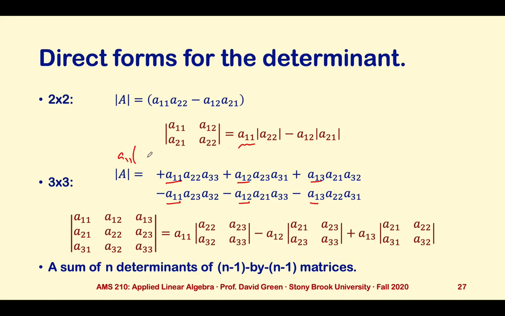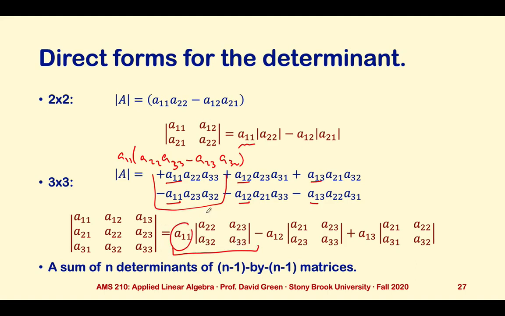And if we did that, we would be left with A22 times A33 minus A23 times A32. That's just taking these two terms and factoring out the A11. Well, this now looks like a 2 by 2 determinant. It's a product of two terms minus a product of two other terms. And if we look more closely, it looks like this.